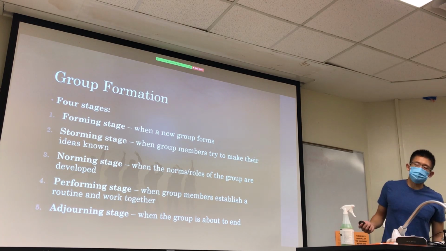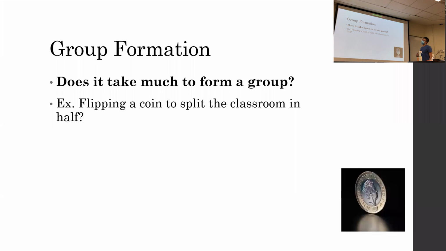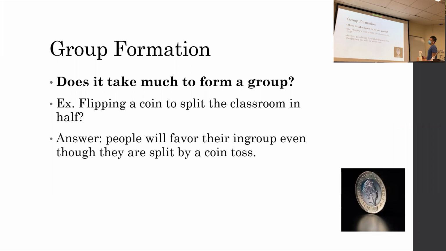All right. So, does it take much to form a group? For example, if I just flip a coin and split the classroom in half, do you think that's enough to form a group? Very good. So, yes, we found that people will favor their in-group even though they are split by a coin toss.